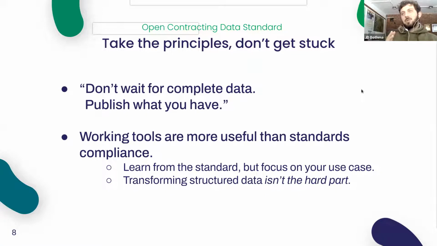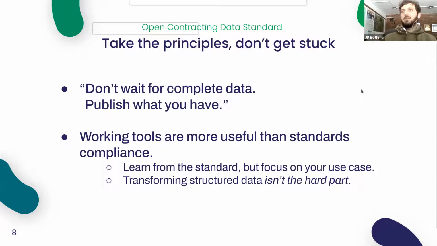I'm stopping short of saying go and use the Open Contracting Data Standard. I would rather encourage you to take the principles from the standard, but don't get stuck trying to implement the standard from day one. One of the principles that I really value in the documentation of the Open Contracting Data Standard is don't wait for complete data.